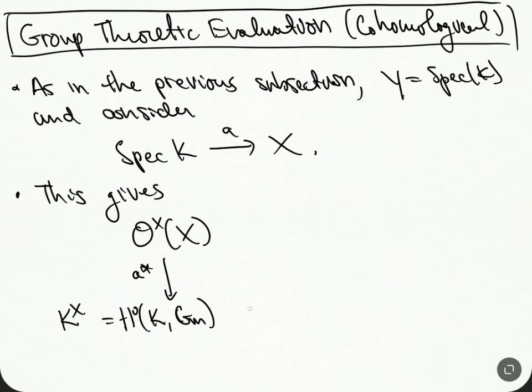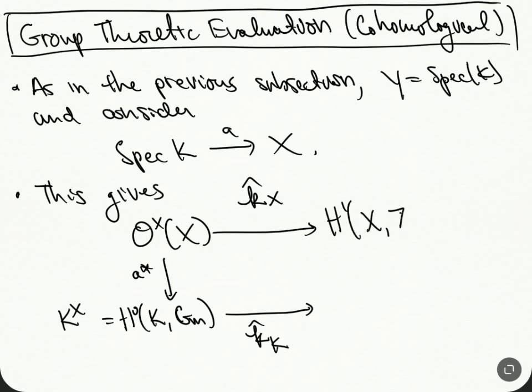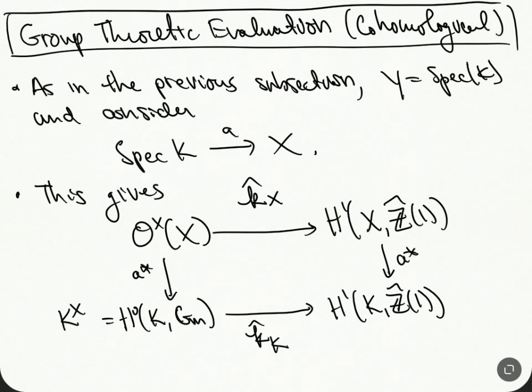Then here we had this Kummer map, kappa hat of K, and then we had the Kummer map here for X, kappa hat of X. So this went to H1 of X, Z hat 1, and this goes to H1 of K, Z hat 1, like so. So this is also A star, by what we said in our notation.